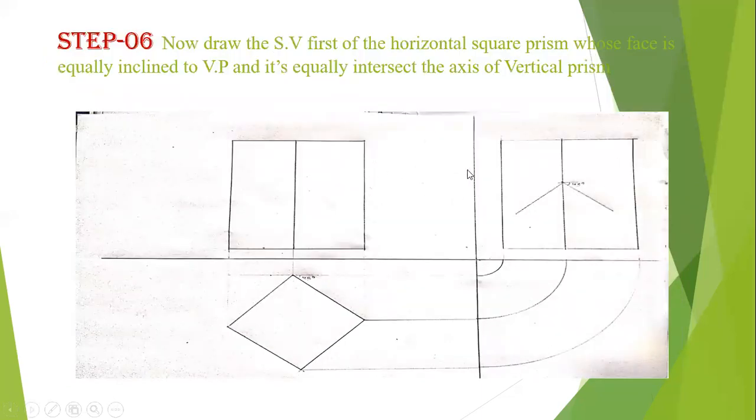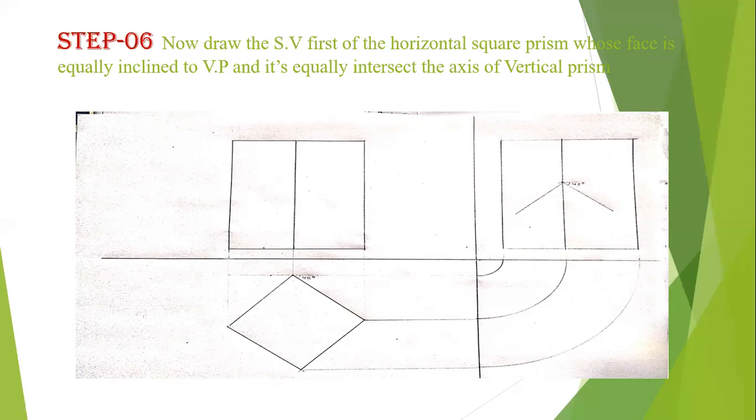Now, in the next step, we are going to draw the side view of the horizontal prism. One important thing you should keep in mind is that as the horizontal solid's axis is perpendicular to the side view, we are going to see the true shape of the horizontal prism in the side view.